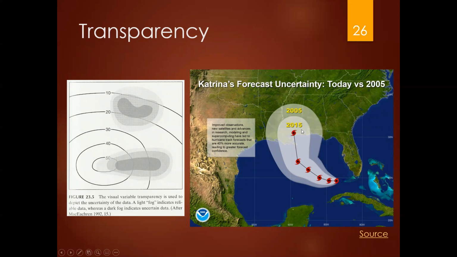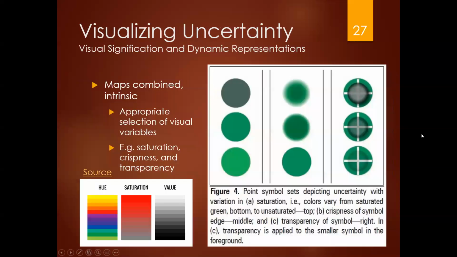And in 2015, due to the development of the model, the area affected by Katrina was limited to a smaller region, the region covered by the darker fog. So the area affected by Katrina predicted by the model decreased a lot, and this small area is more certain than the large area to be affected by Katrina, okay?